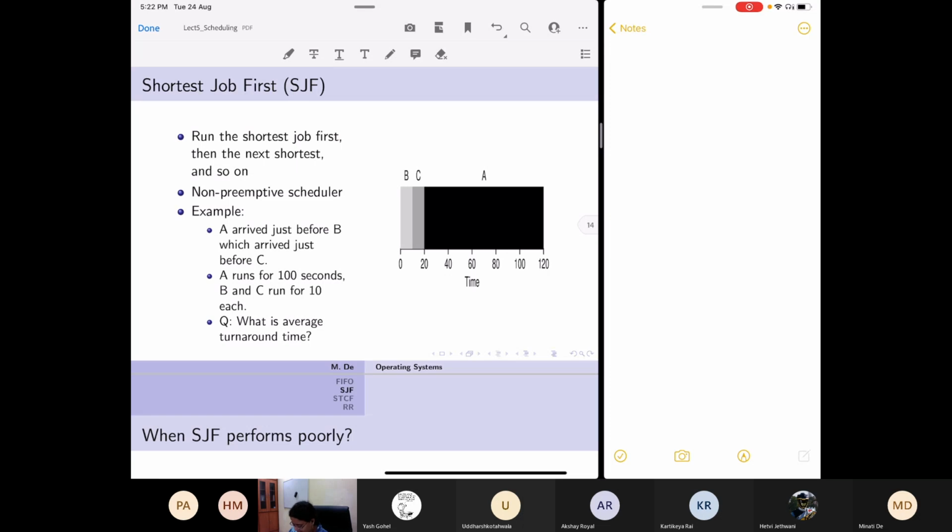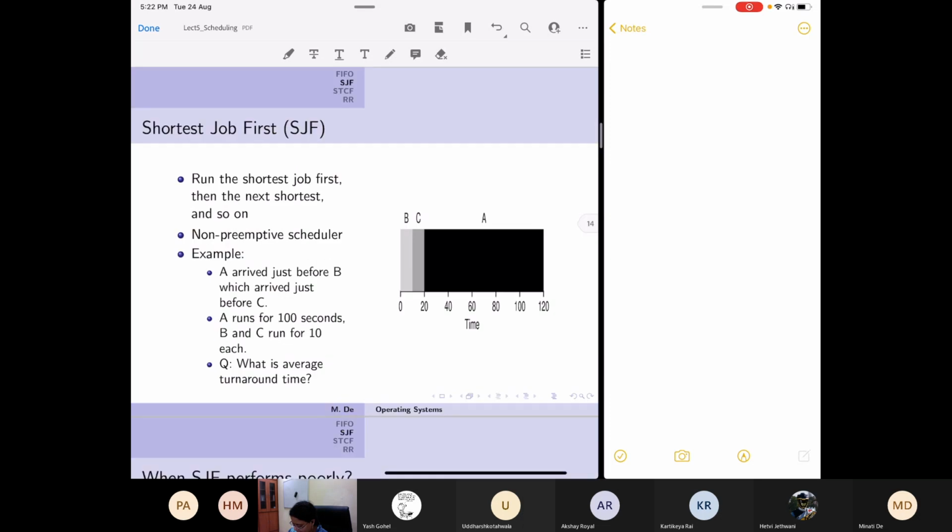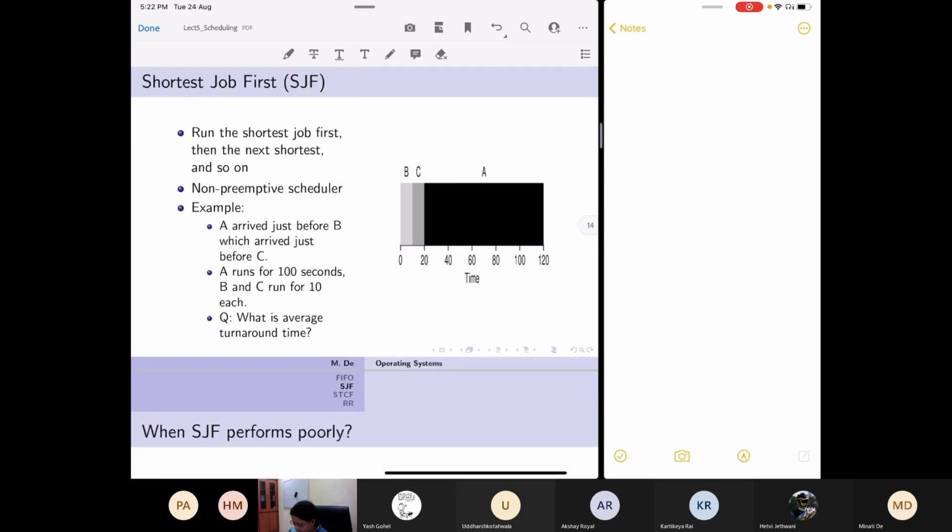Okay, so now let's see an example. This is your job, let's say A, B, C. Let's say A came first, then B, then C, right? So with respect to these three jobs, what is the average turnaround time for first come, first serve?